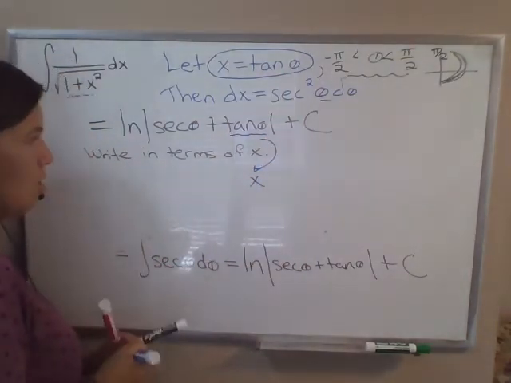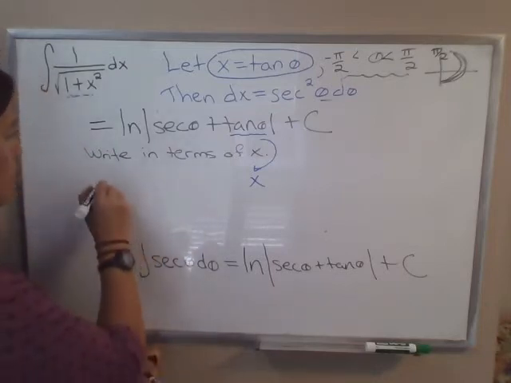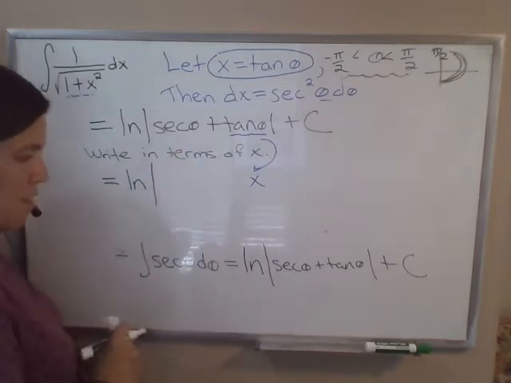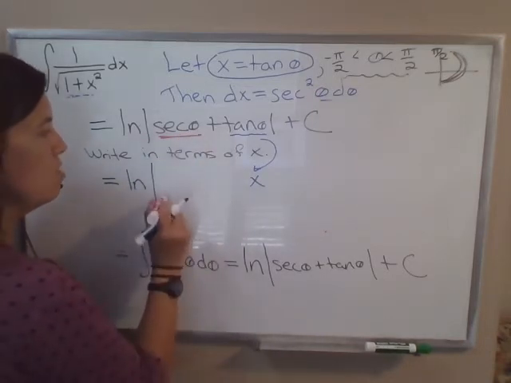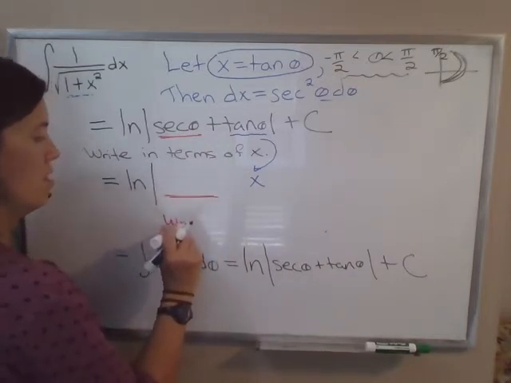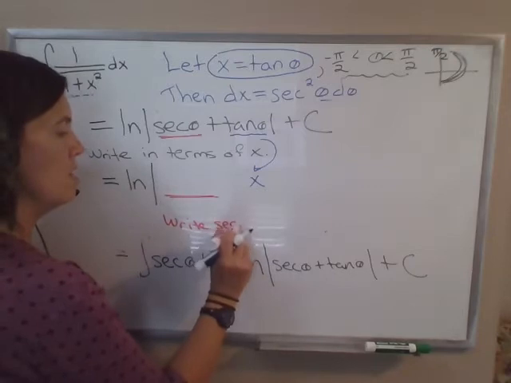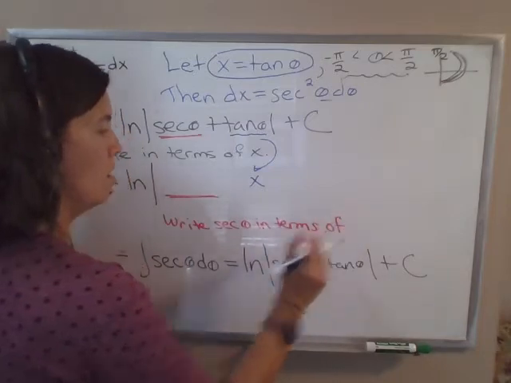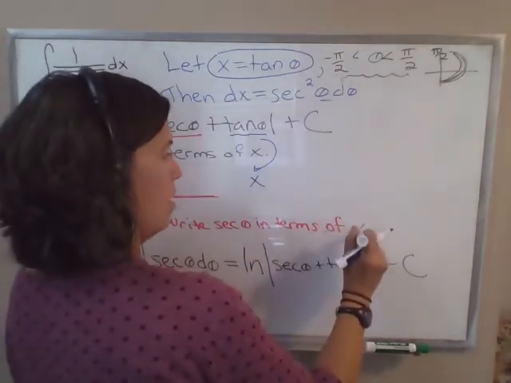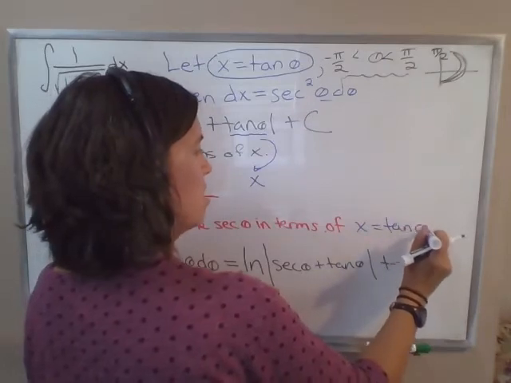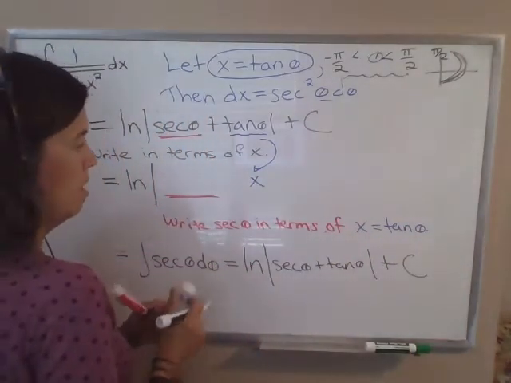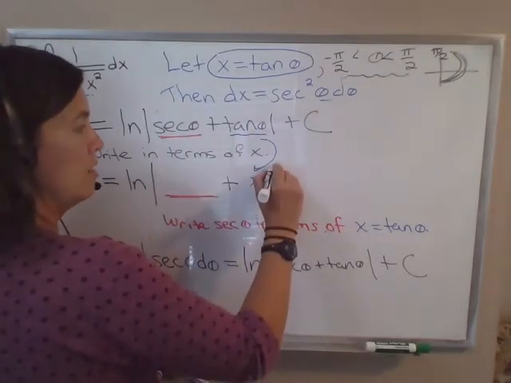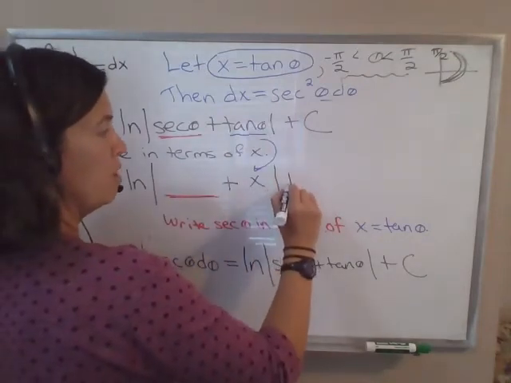So if I'm writing out the overall solution here, it's natural log absolute value of, and we need something in place of the secant theta here. We need to write secant theta in terms of x, which is equal to tangent theta. So we've got natural log of secant theta plus x. We've converted that part of this expression anyway, plus c.